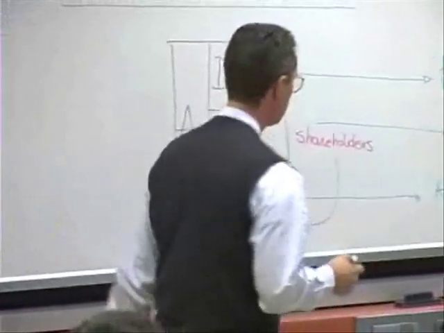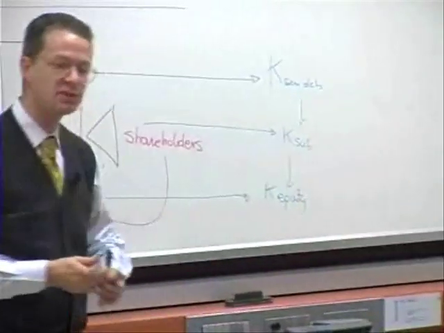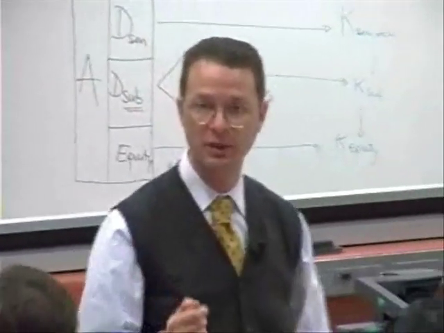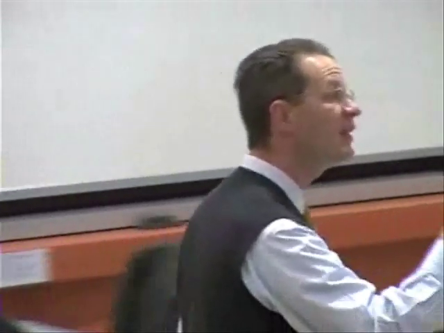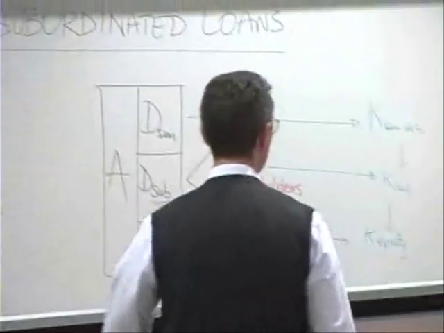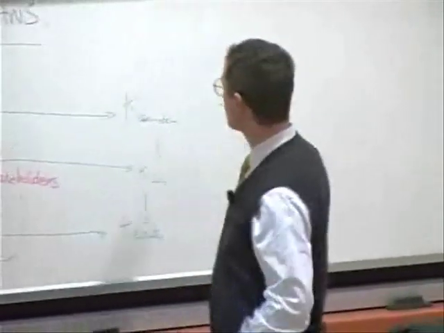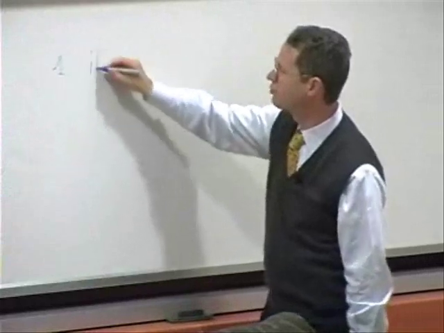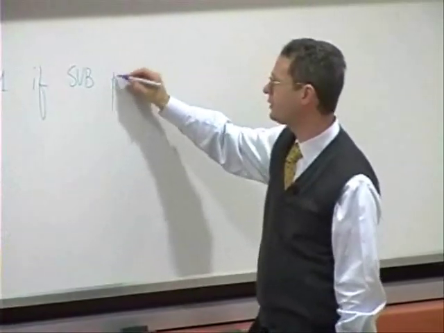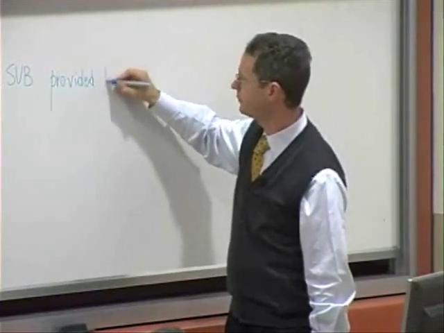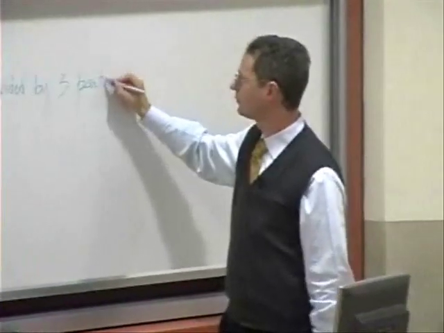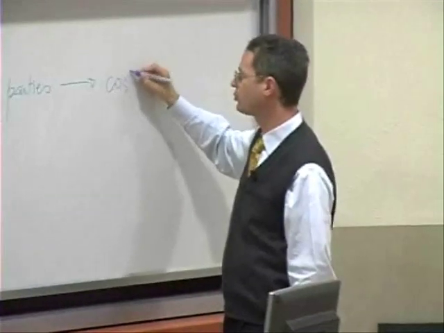So one reason, good, I can accept it, why substituting subordinated debt for equity is that if subordinated debt is provided by third parties, not by shareholders, I can reduce the overall cost of funding because I can ask mezzanine funds, for example, to provide me money at, let's say, 15% instead of asking money to the shareholders at 18%. So one possibility is that if subordinated loan is provided by third parties, I can reduce the cost of fund for the project.